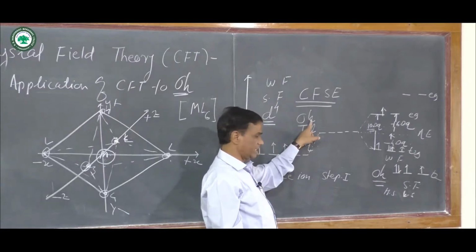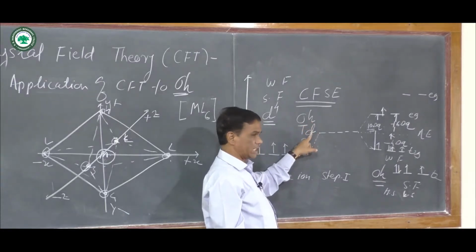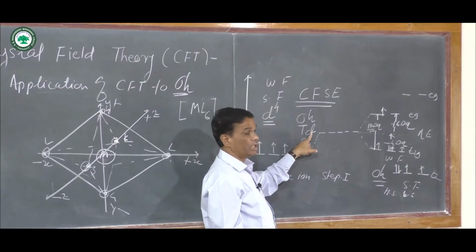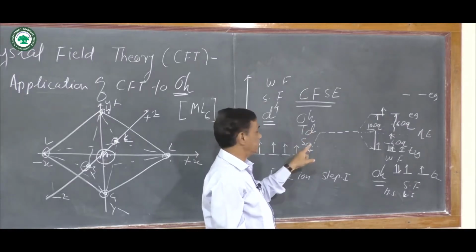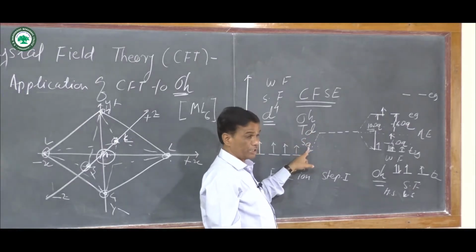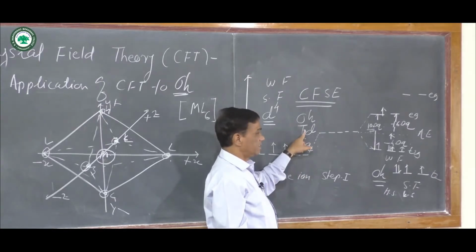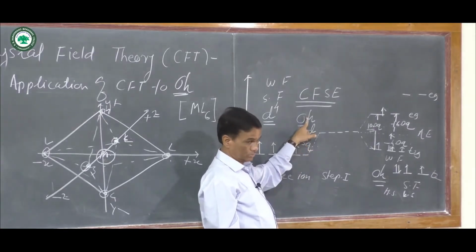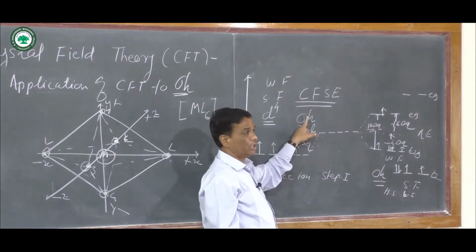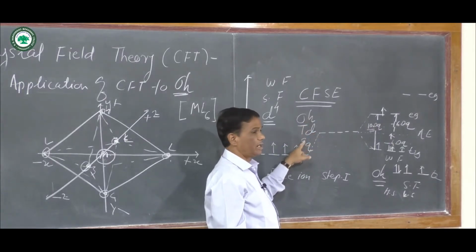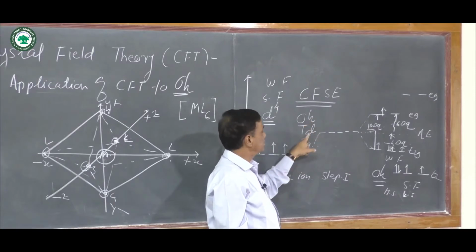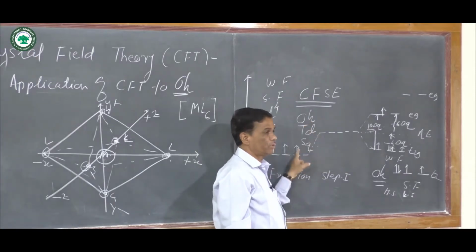Oh means octahedral, Td means tetrahedral, where 4 ligands surround and the arrangement is tetrahedral. Sq means square planar. It is also represented as delta S, delta T and delta O.